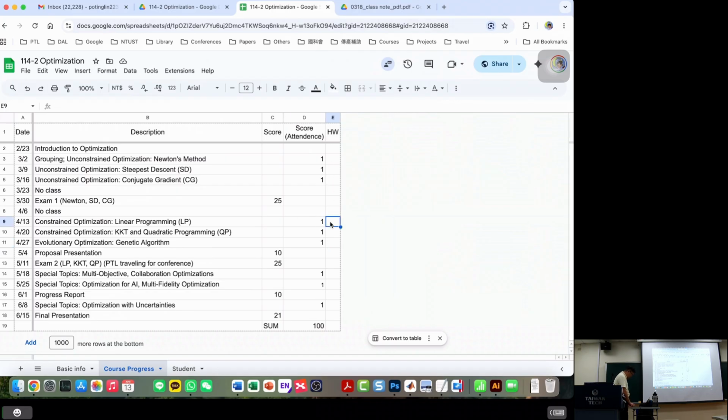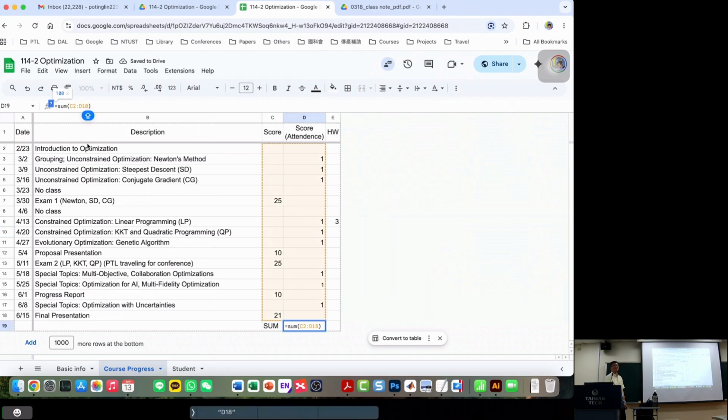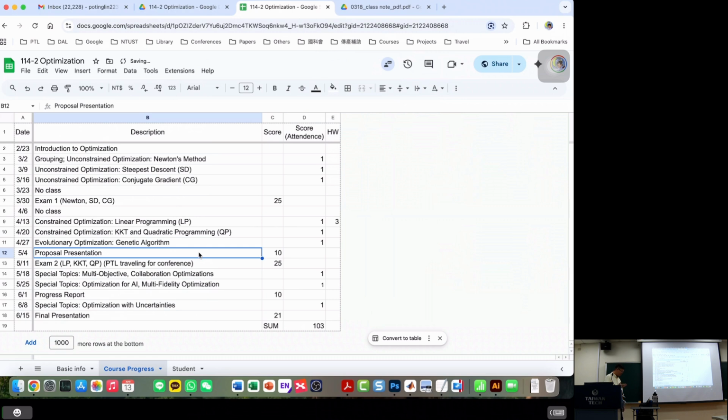So the max you can get is 3 extra points. Okay. So please, I think linear programming requires a lot of hand exercise. So please practice. Okay? Any questions?